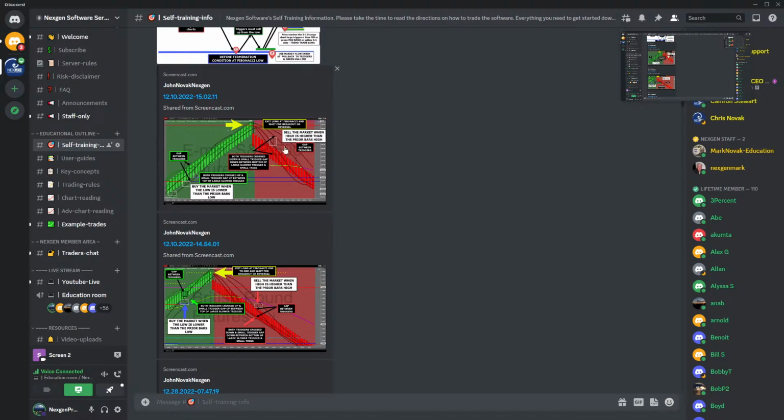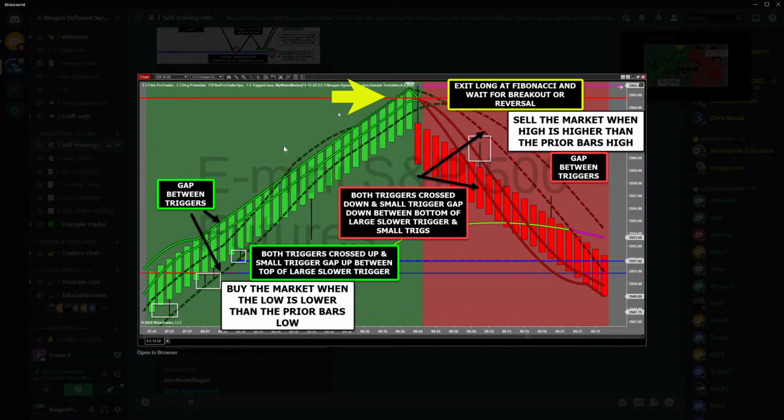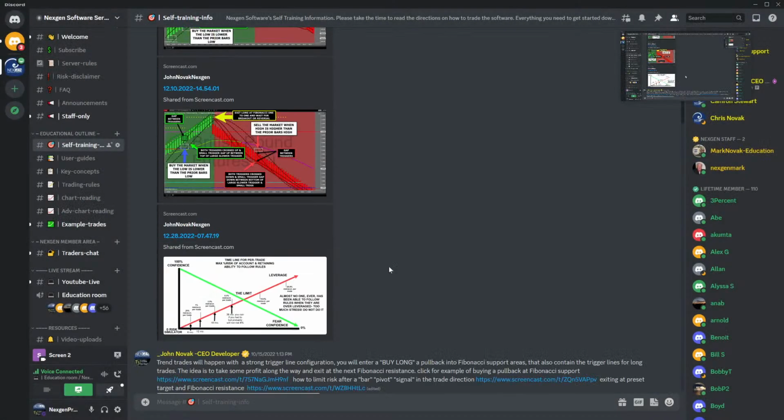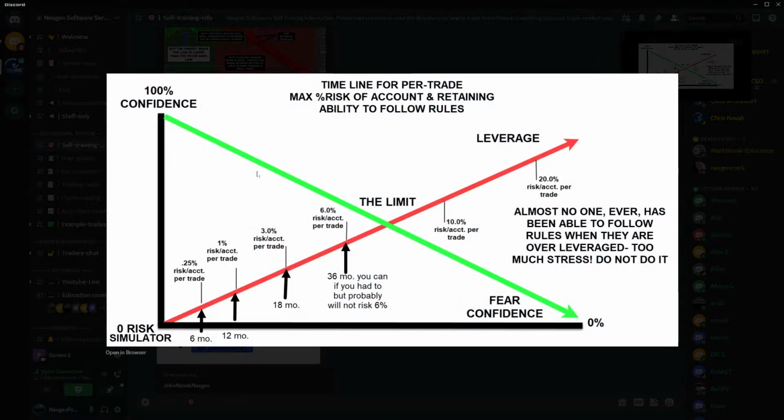And again, this has always been the case for us. Strong triggers up, buy pullbacks. Strong triggers down, sell pullbacks.